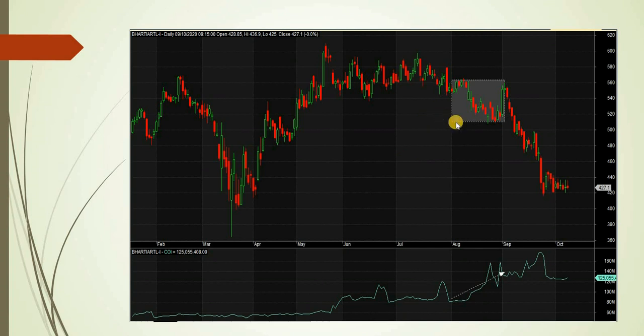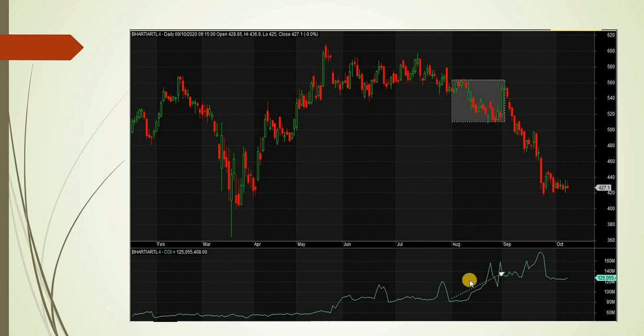Now, if we look at the zone which is marked in a square, at the start of August, price was trading at around 550, and on 1st September, price was still trading at around 550. In this period, price made a low of 520 and a high of 560.